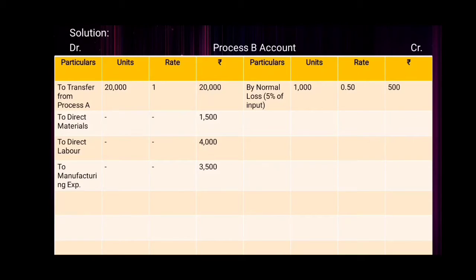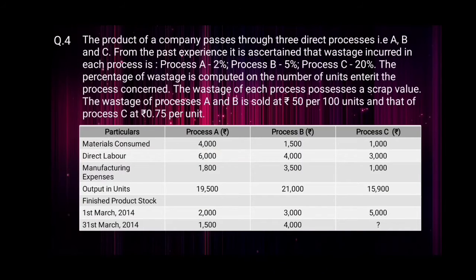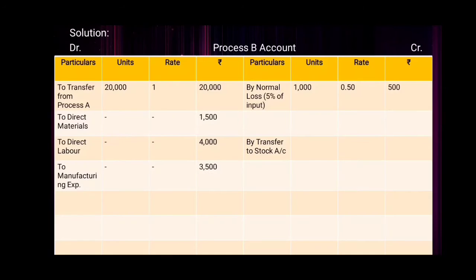So total amount will be 500. Next, output in units. For process B it is given as 21,000. By transfer to stock account, unit is given as 21,000. Rate amount we have to calculate.